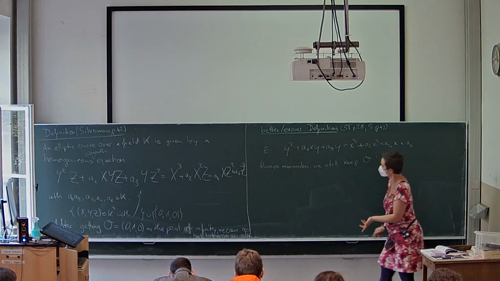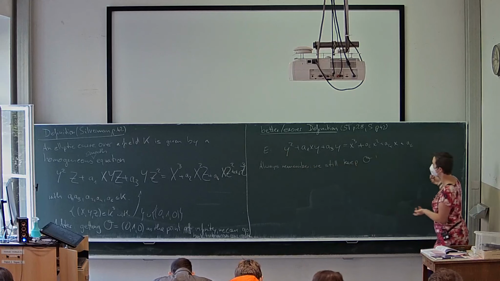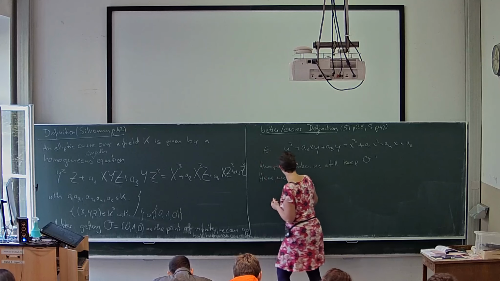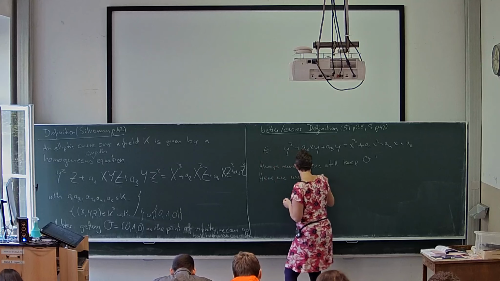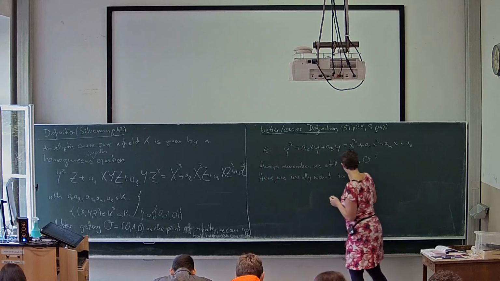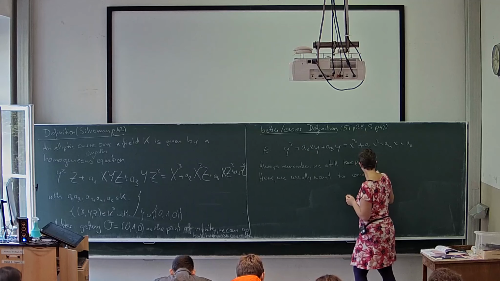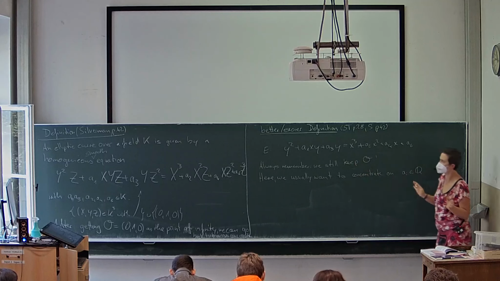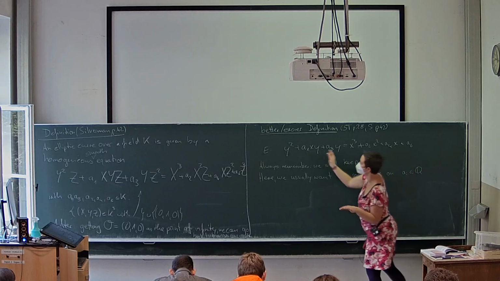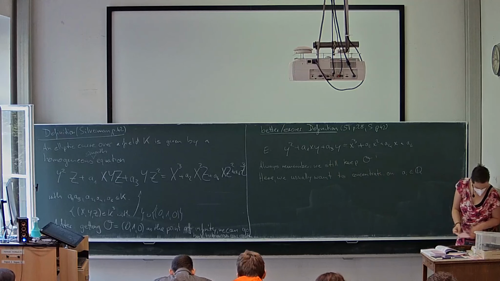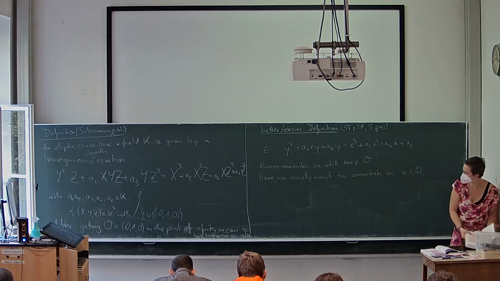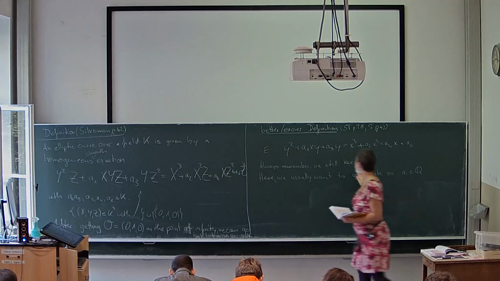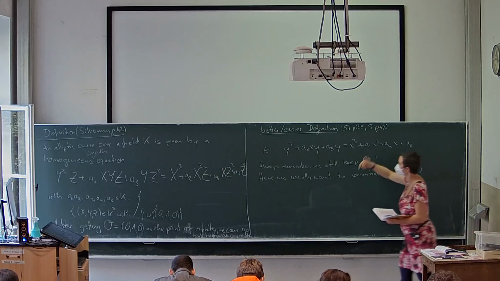So for us, usually, we consider those a_i in Q. Later, maybe we will also allow those a_i in some number field, but probably we'll stay with Q. And now, of course, we can turn this polynomial by change of variables and shifting some things.